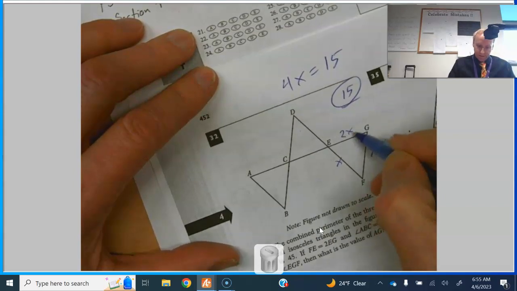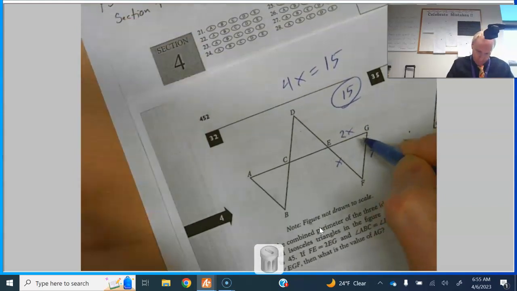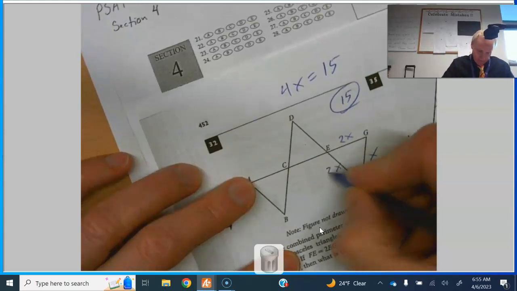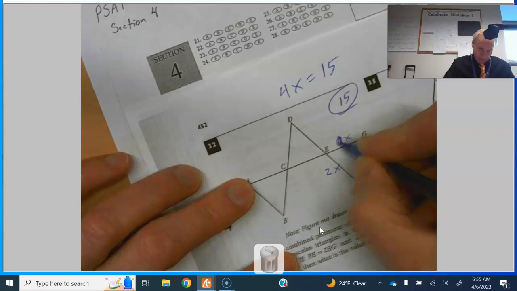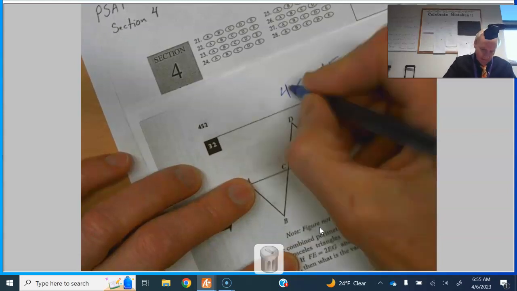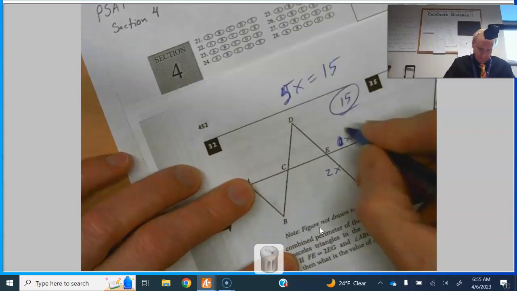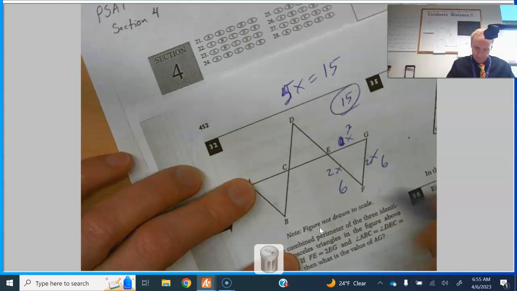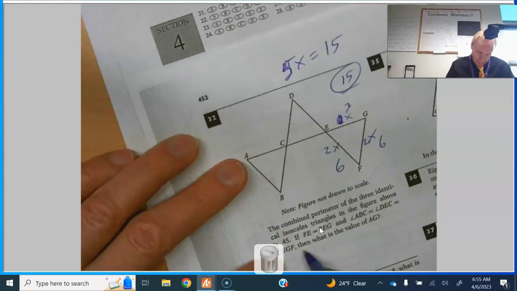And this one is twice as big. FE, oh, I have it backwards. Dang, I almost messed it up. Okay, there we go. So 5x equals 15, so x equals 3, and these are 6 and 6, and it does add up to 15, and it all works.